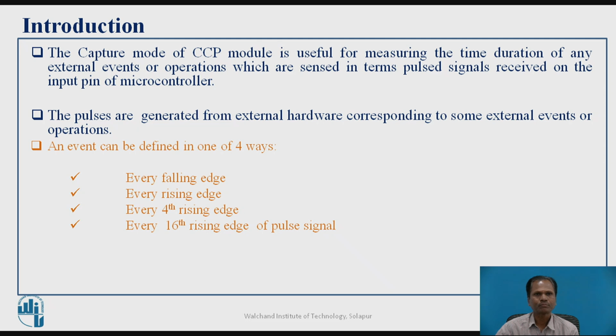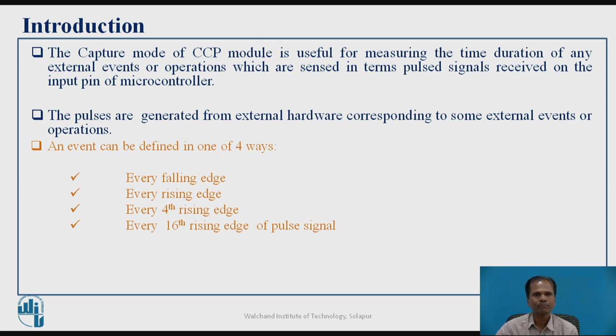The capture mode of CCP module is useful for measuring the time duration of any external event or operations which are captured in terms of pulsed signals received on the input pin of a microcontroller device. The pulses are generated from external hardware corresponding to some external event or operation.